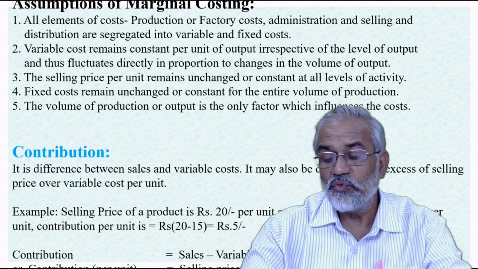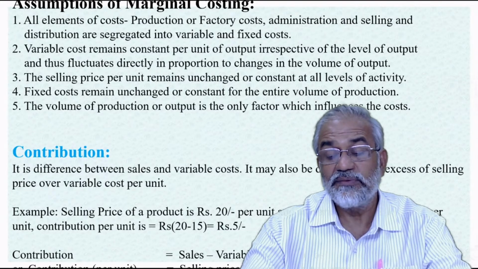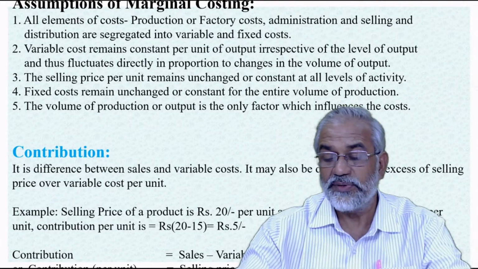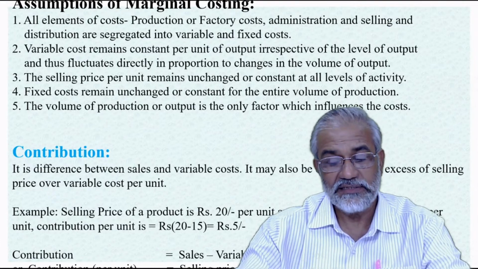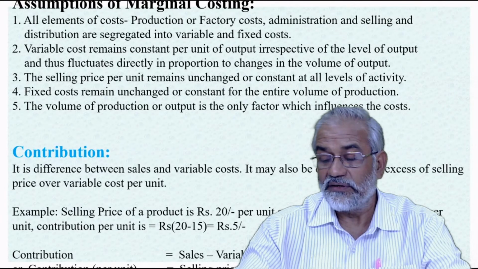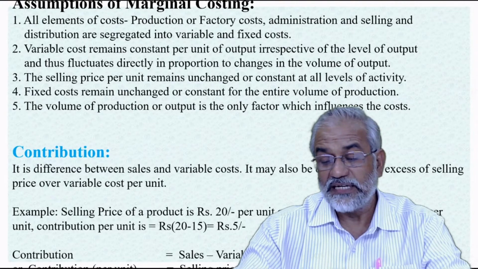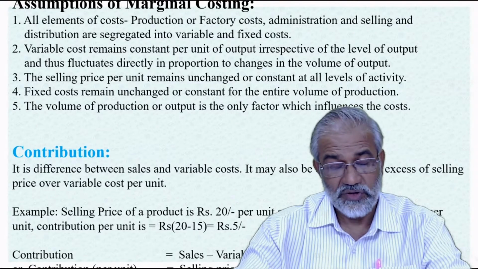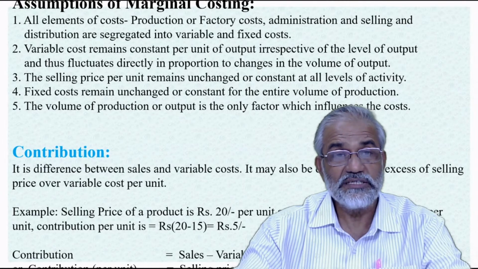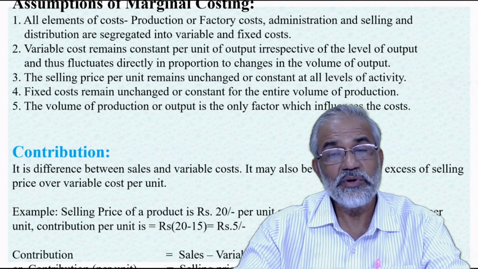From the very beginning, we discussed that when costs are classified, there are 3 ways of making classification. One is on the basis of nature, one is on the basis of activity, and the third one is on the basis of behavior. When the costs are classified on the basis of activities, there are 3 types of overheads. One is the production or factory overhead. The second one is the administration overhead.